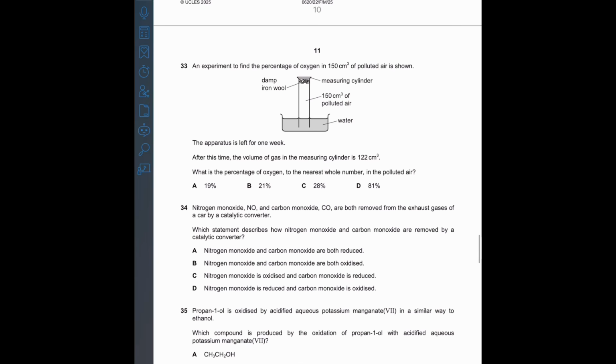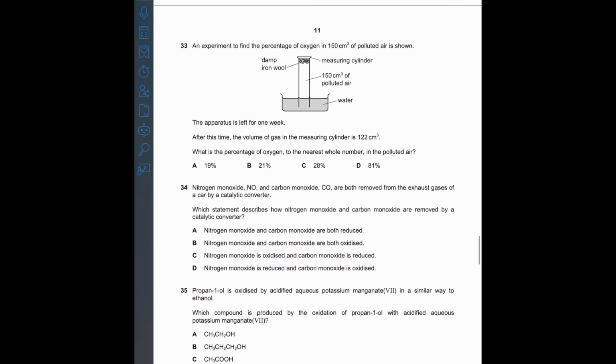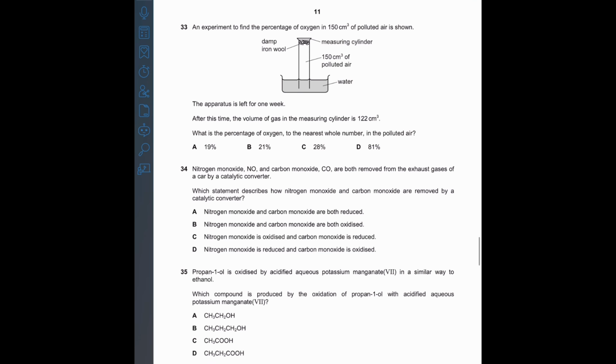Question number 33. An experiment to find the percentage of oxygen in 150 cm cube of polluted air is shown. The apparatus is left for 1 week. After this time, the volume of the gas in the measuring cylinder is 122 cm cube. What is the percentage of oxygen to the nearest whole number in the polluted air? So what is polluted air?